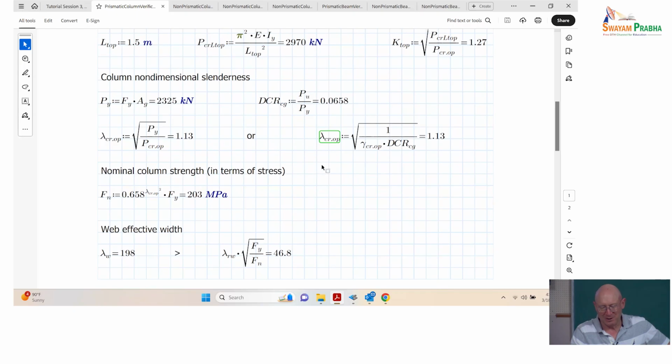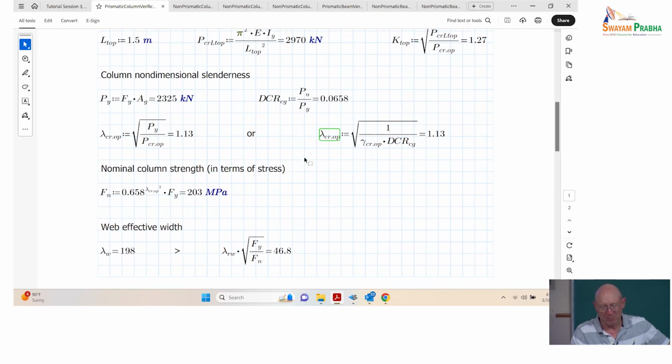So AISC 360, back when it was the AISC LRFD spec, LRFD alone, the column strength formula had, guess what? Lambda. It had an exponential equation with lambda squared and an elastic buckling equation that involved lambda.